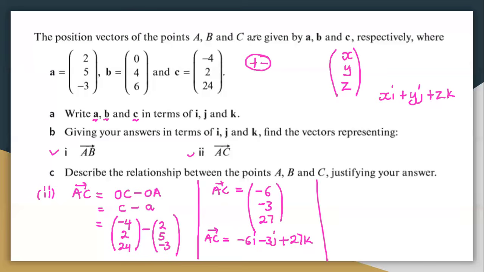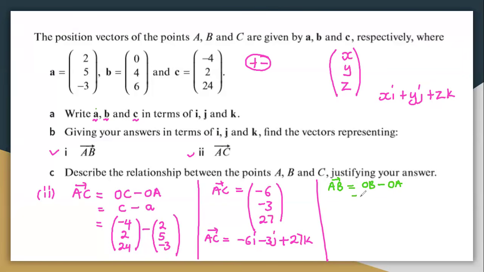Okay. Which boy is doing for us part Roman 1? Any boy to do for us Roman 1? Okay. Ivan? Yes. In Roman 1 we are finding AB, which is OB minus OA.